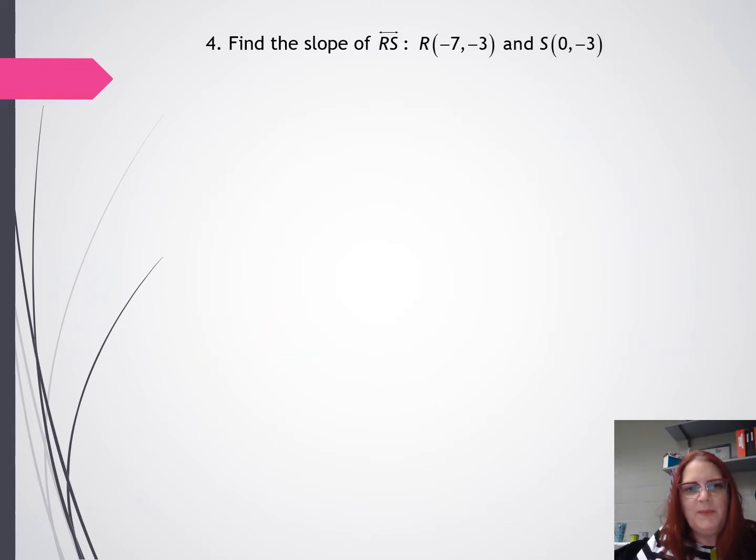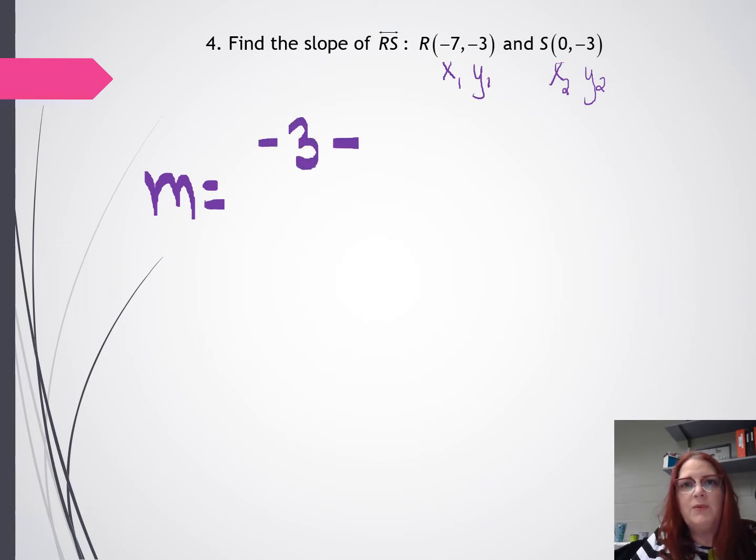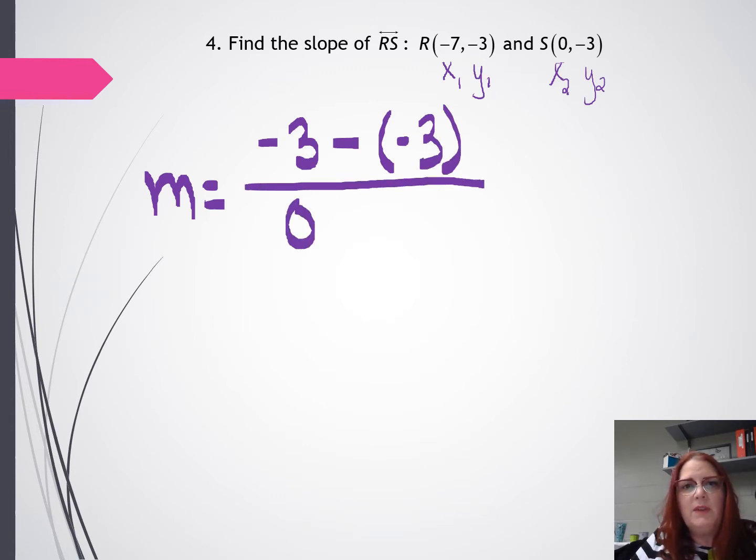One more example. Let's take a look at this one. I'll let my r be the first point. And I'm going to continue to use that lovely slope formula, m equals. So y2 is negative 3, and we'll subtract negative 3. And we're going to divide that by x2, which is 0, and subtract negative 7.